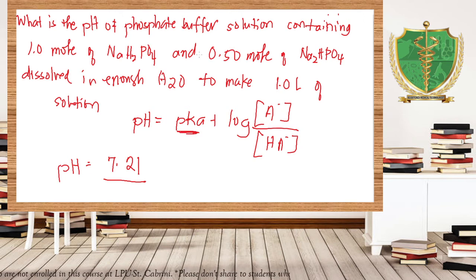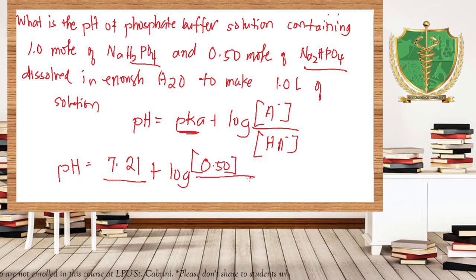That is the pKa of our phosphate buffer plus log. Ano yung A? Ang A natin is yung disodium phosphate. Ano ang kanyang concentration? 0.5, divided by, anong concentration ng ating weak acid? 1.0.